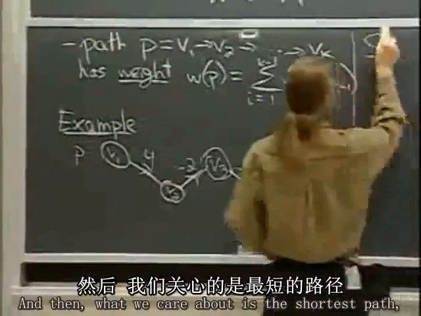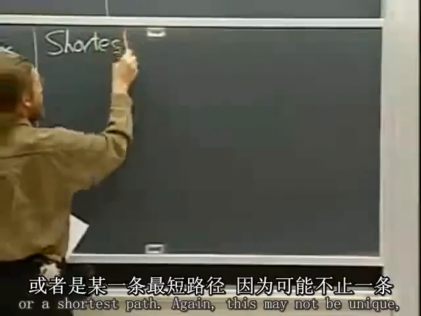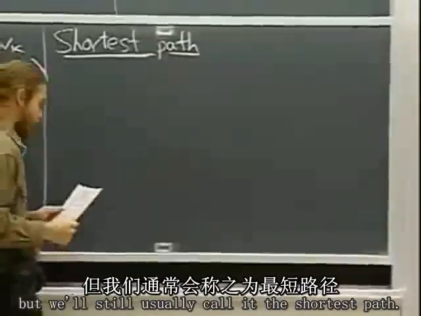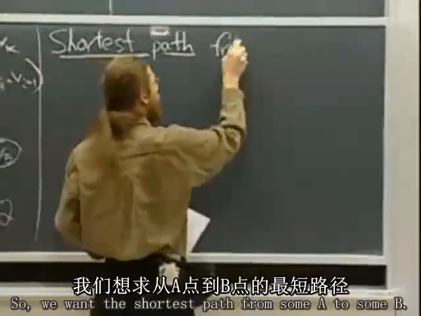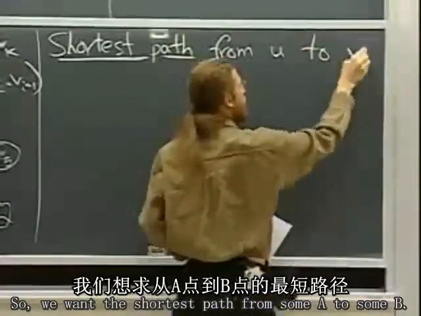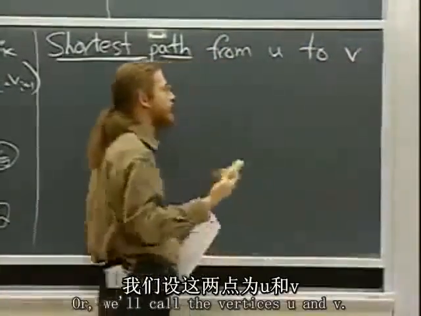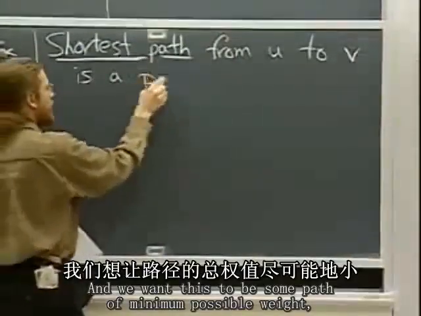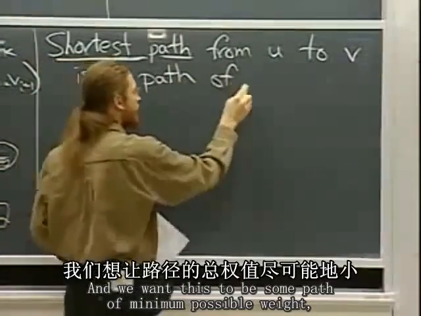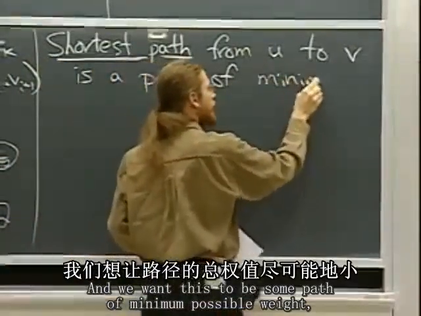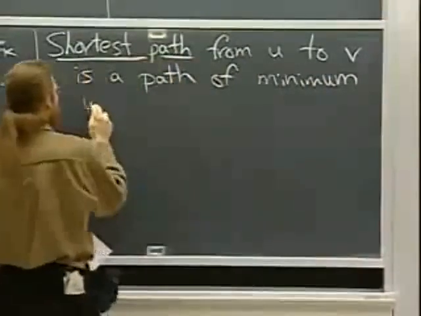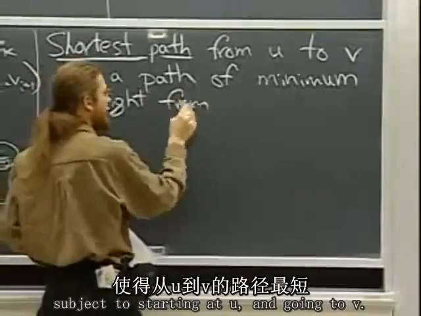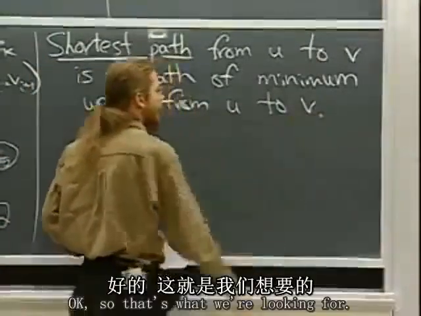Okay, and then what we care about is the shortest path, or a shortest path. Again, this may not be unique, but we'll still usually call it the shortest path. So we want the shortest path from some A to some B, or we'll call the vertices U and V. And we want this to be some path of minimum possible weight, subject to starting at U and going to V. Okay, so that's what we're looking for.